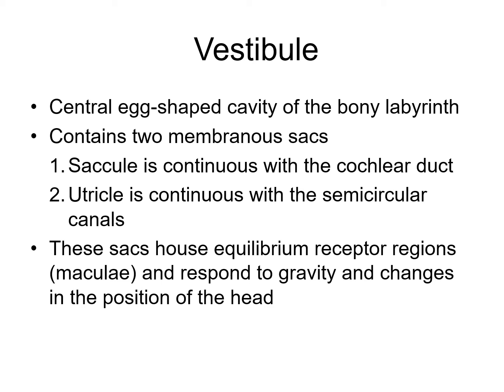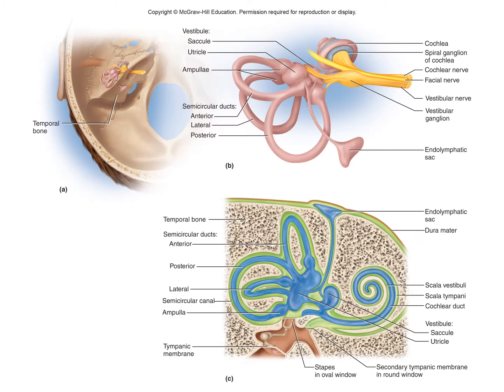So again, this largely has to do with equilibrium rather than hearing. At the very end of this lecture, I'll talk briefly about equilibrium and how we're able to sense position in space.